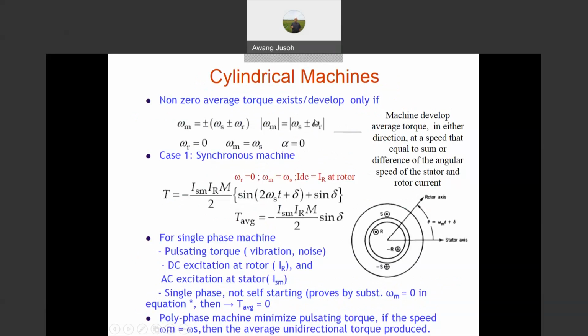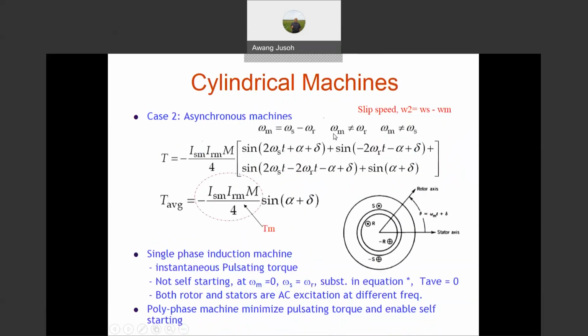Then we know that omega r is not equal to 0, it has a value. So omega m is not equal to omega s. It's impossible for the machine to have the same speed. That means we have slip there.